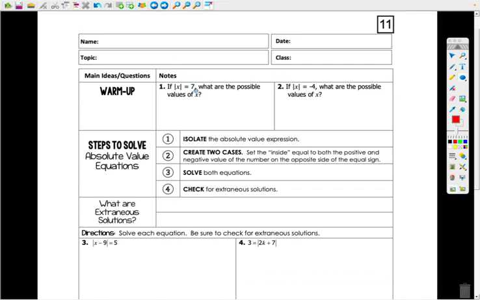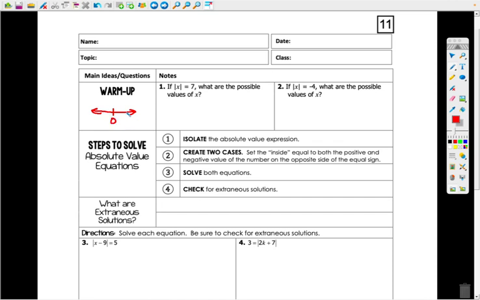Before I get into solving an absolute value equation, I just want a refresher as far as what absolute value is and what it means. Absolute value simply means the distance a number is from zero on the number line.